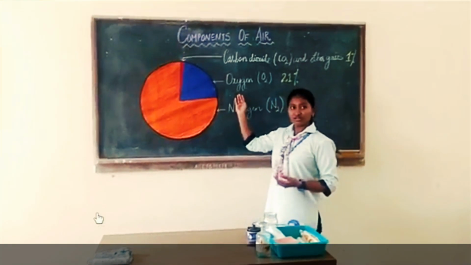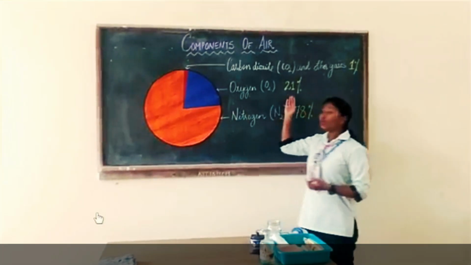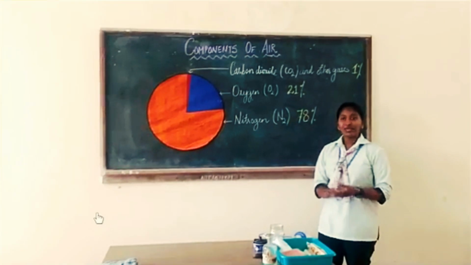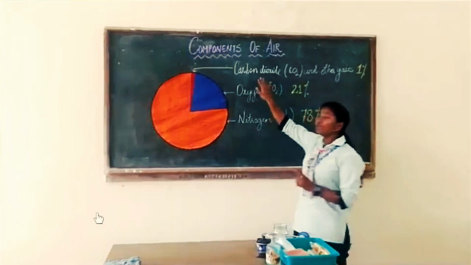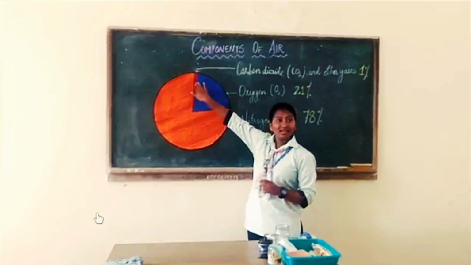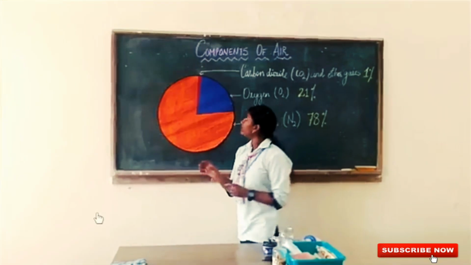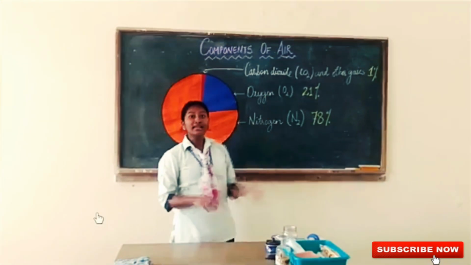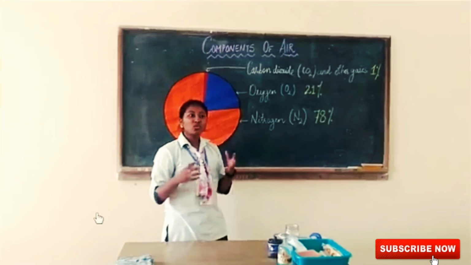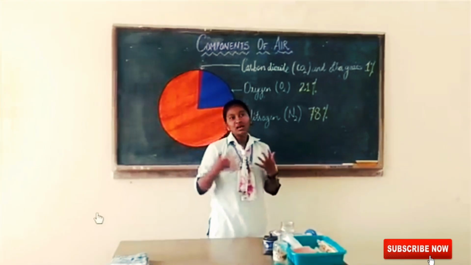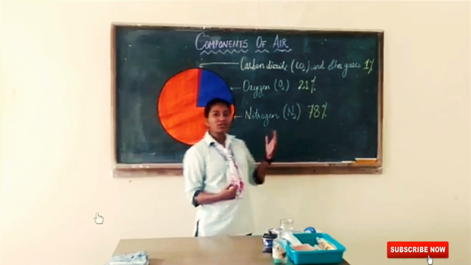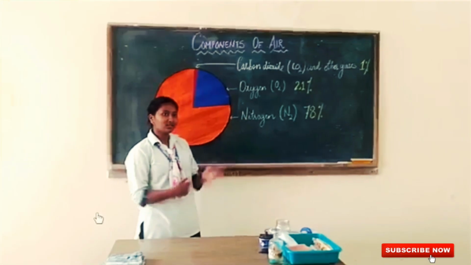And the percentage of nitrogen in the atmosphere is approximately 78%. Of oxygen, it's about 21%, and carbon dioxide and other gases together constitute approximately 1%. So if I have a lighted candle, then which component or which gas supports burning? That's the question before us.